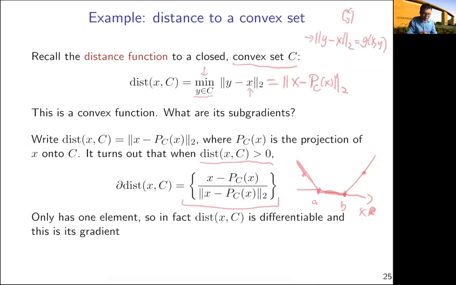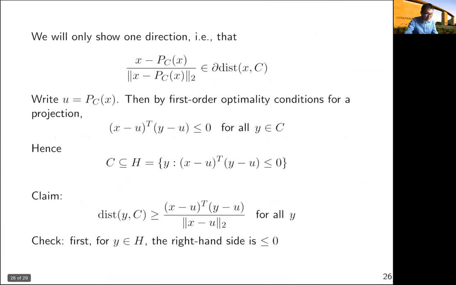If you can show that, and using the if and only if condition of differentiability, you can use this to prove more generally, for any convex set, that at these points the distance function is actually differentiable. We're only going to be showing one direction of this statement. In particular, we're going to show that this is a valid subgradient by checking the definition of the subgradient.